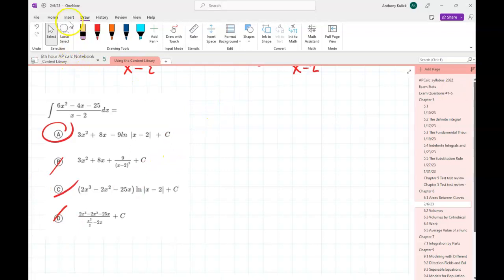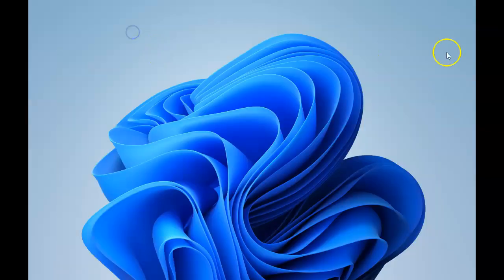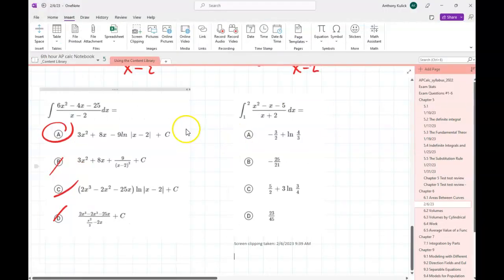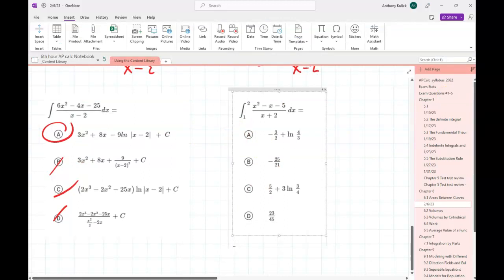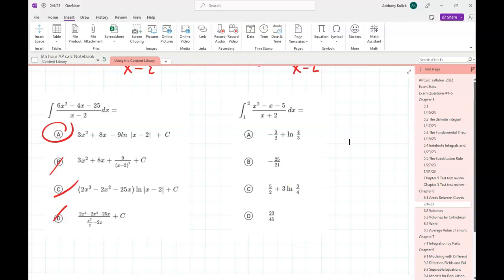Let's look at this one and see if we can do this without doing any calculus. Now this one's a little harder. What makes this harder? It's a definite integral.